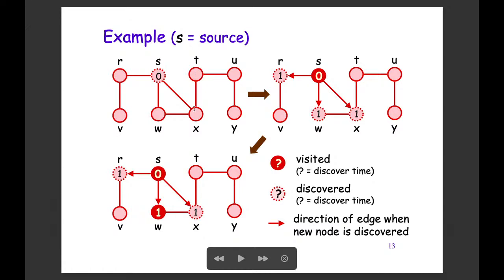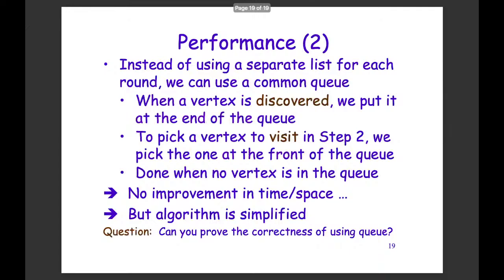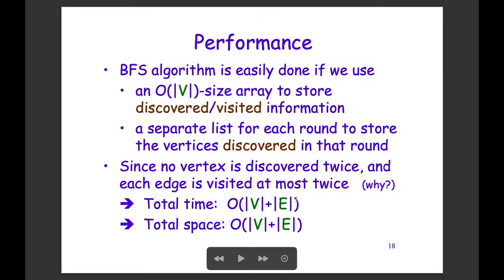So the time involved in checking the neighbors will be 2 times the number of edges. On the other hand, how about the vertices? Each vertex will be put onto the discovery list only once, and then it is never discovered again. So the time corresponding to the vertices will be V. So in total, the total time is V plus E.